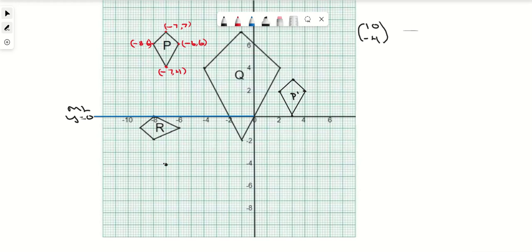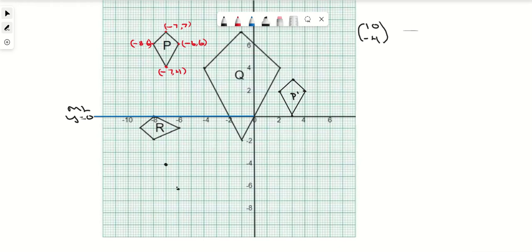That would be your mirror image for minus 7, 4. Then you do the same thing for minus 6, 6. It's 6 spaces from the x-axis, or 6 spaces from your mirror line. So you're going to count 6 spaces, 1, 2, 3, 4, 5, 6. So it's going to be right here.